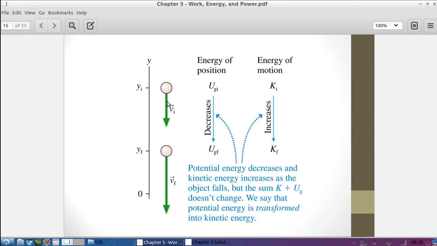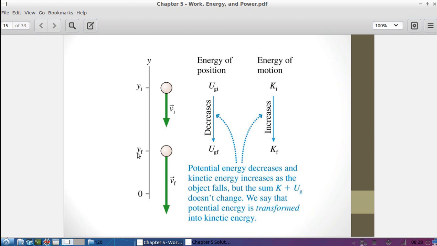So as the kinetic energy increases in free fall, the potential decreases. You see this y initial is greater than this y final, farther away from y equals 0. So you've got a higher potential energy up here and a lower kinetic energy. Down here you've got a higher kinetic energy and a lower gravitational potential energy.